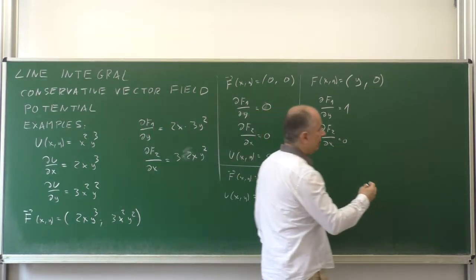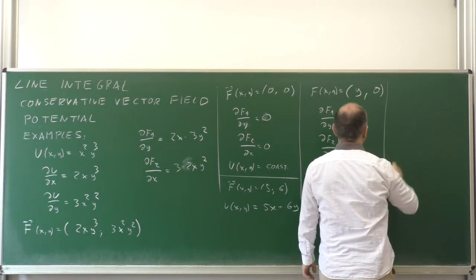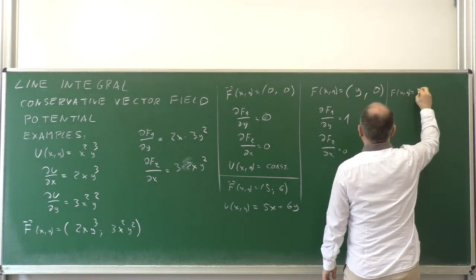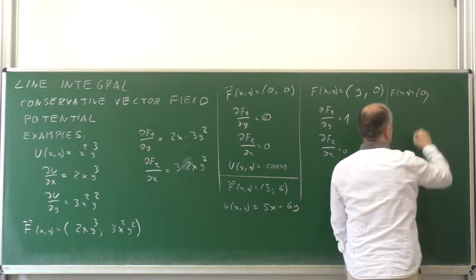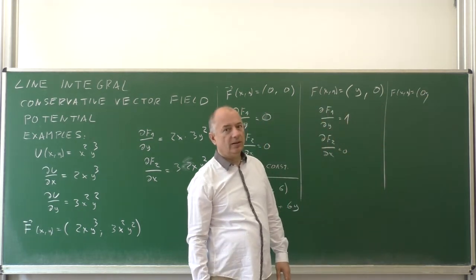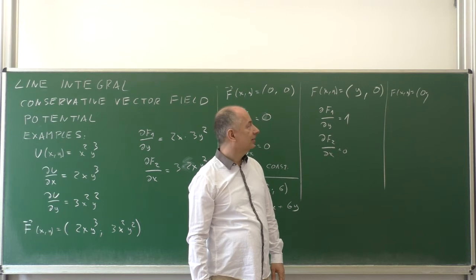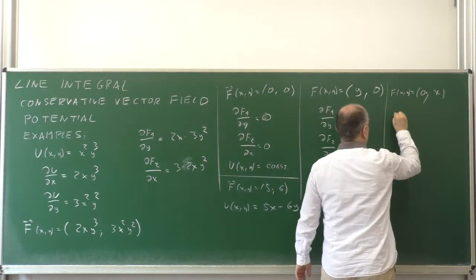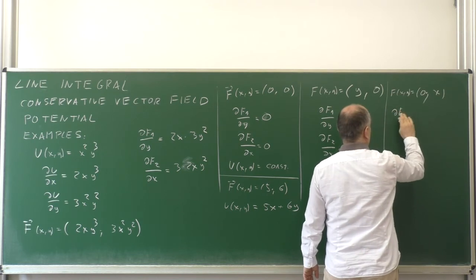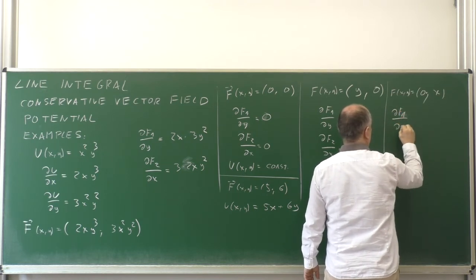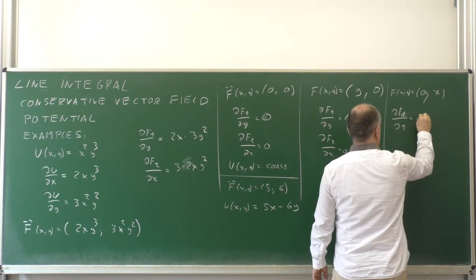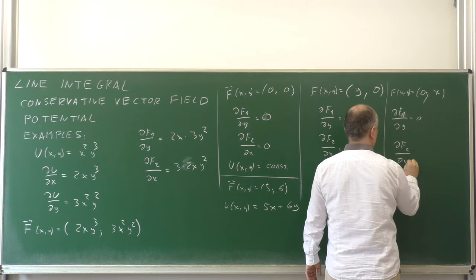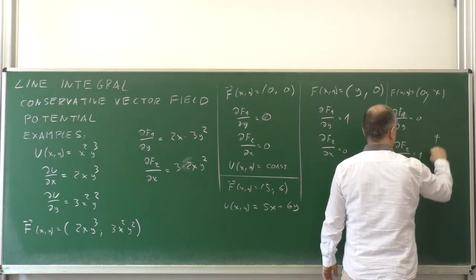Perhaps another candidate for the simplest non-conservative vector field might be 0 and the second component x, because then the derivative of the first with respect to y is 0, while the derivative of the second component with respect to x is 1, and they differ.